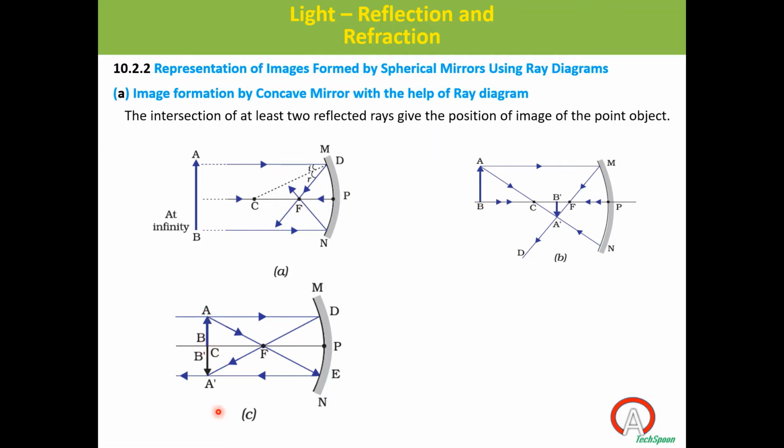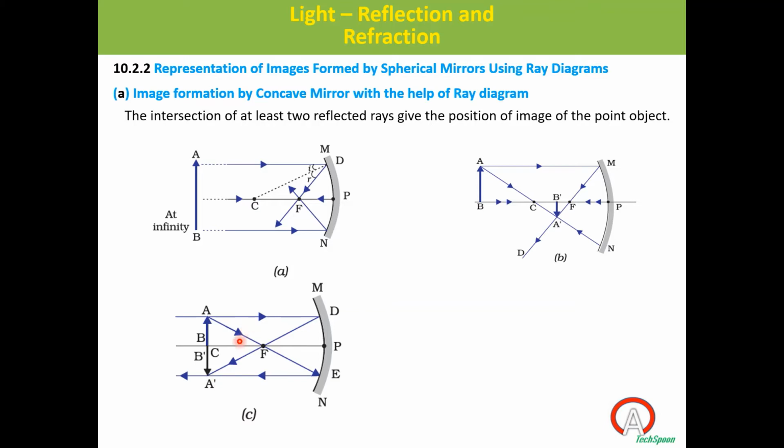Here also you have to consider 2 incident rays, right? This is the first ray, parallel to the principal axis. After reflection, it is passing through the focus. Second, because we need to get an intersection, right?